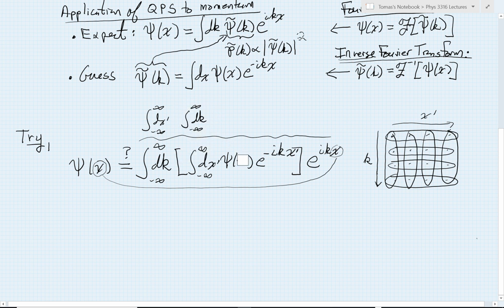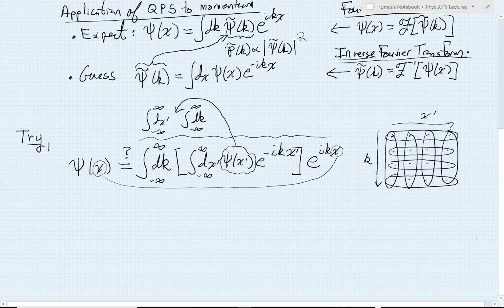And what you will notice is the first factor here does not depend on k. So as far as this k integral is concerned, my first term, the psi of x prime, is a constant, and so it can be pulled out of the integral. So my thought is I'm going to switch the order of integration, and when I'm doing my dk integral, I'm going to pull this psi of x prime out of that integral.